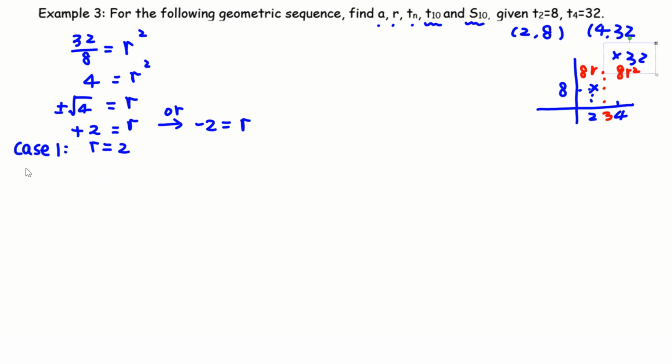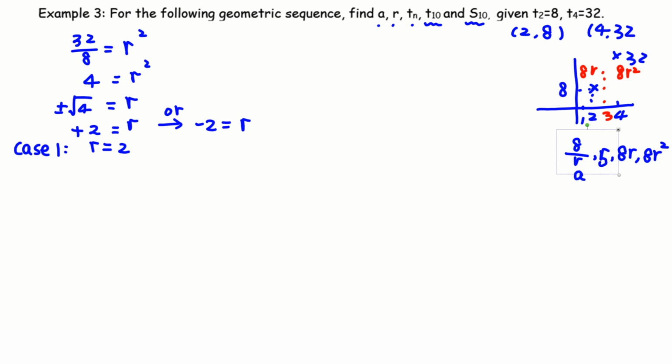So case 1, if r equals 2, then what are we going to have? The a value is the first term. The first term will be 8 divided by r. Then the second term is 8, the third term is 8r, the fourth term is 8r squared.